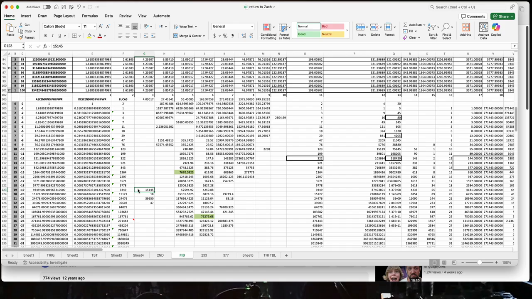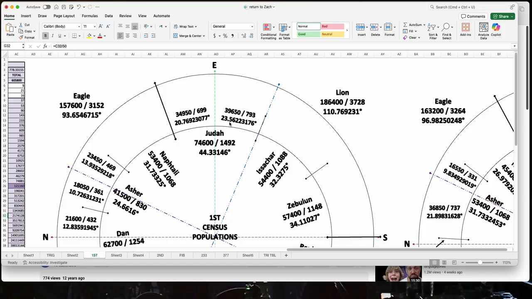So again, what this is showing us is that if we take that number of a quarter part of Israel and we reduce it by a factor of 10 to get this 15,145, and we multiply it by phi squared, we get to that number that we're finding for that ecliptic in that Judah south. And this number, we're recognizing, is the degree representation for this, 23.56.